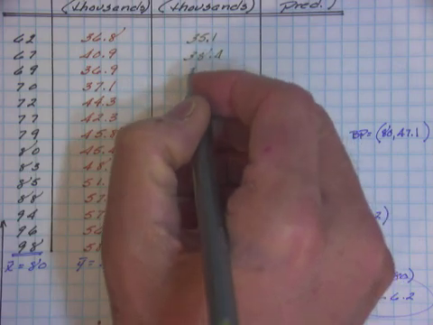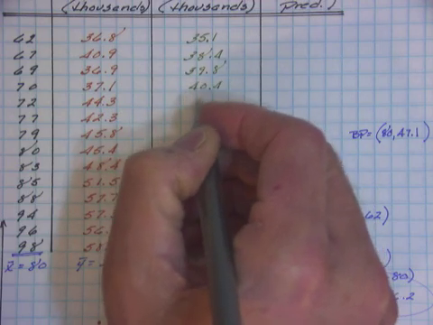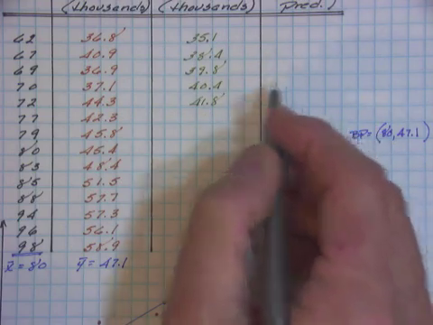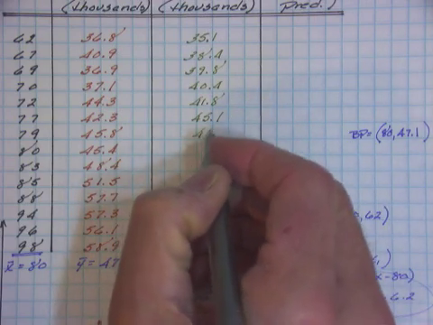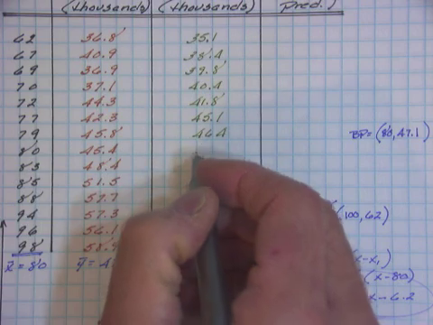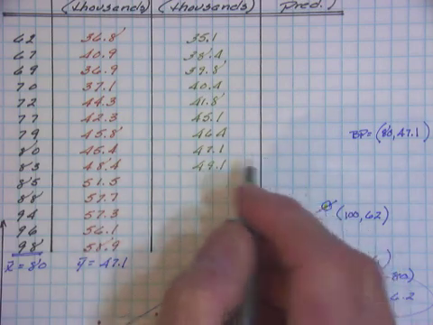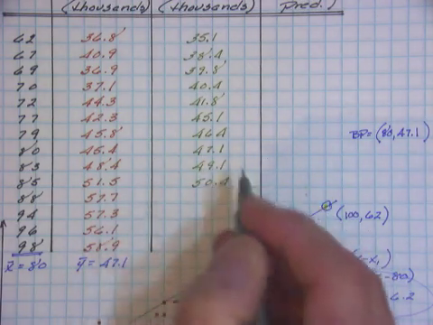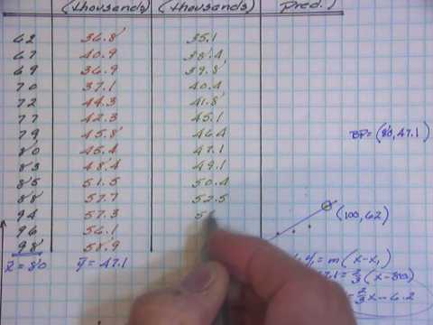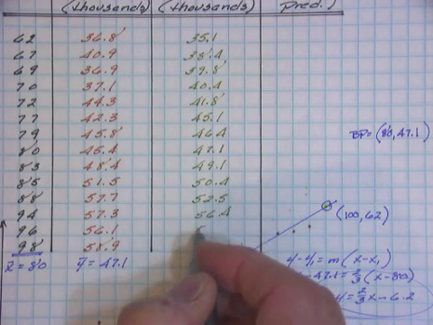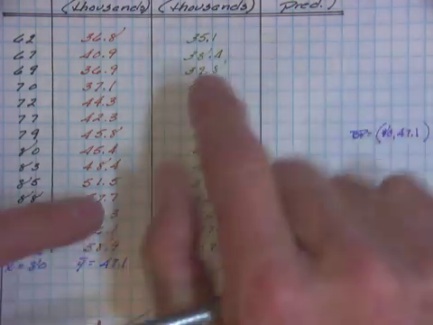This is 38.4, 39.8, 40.4, 41.8, 45.1, 46.4, 47.1, 49.1, 50.4, 52.5, 56.4, 57.8, and lastly 59.1.